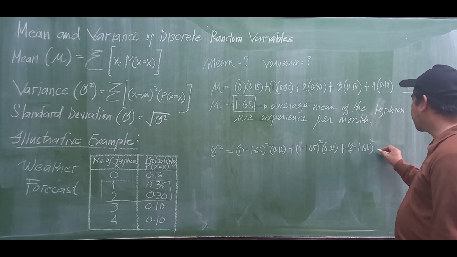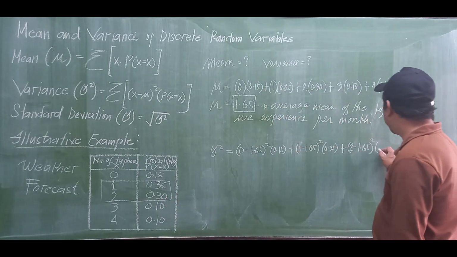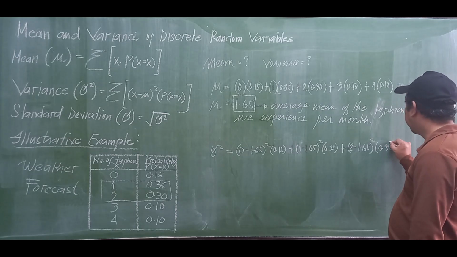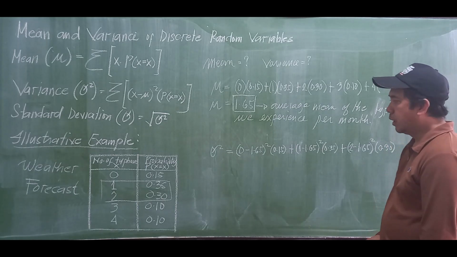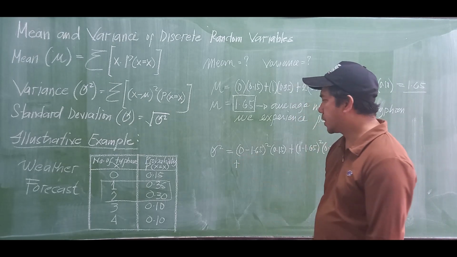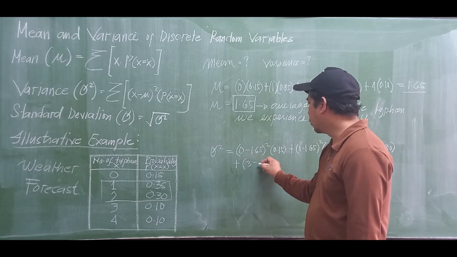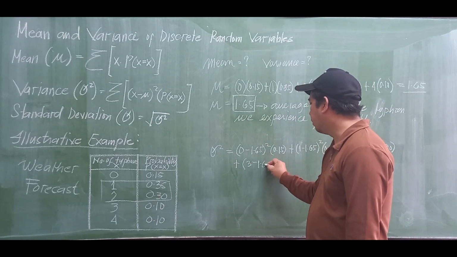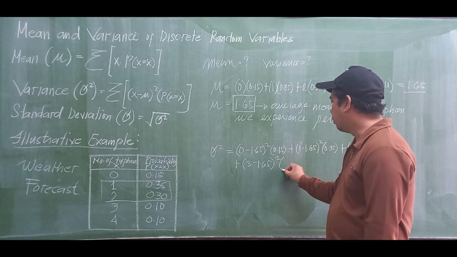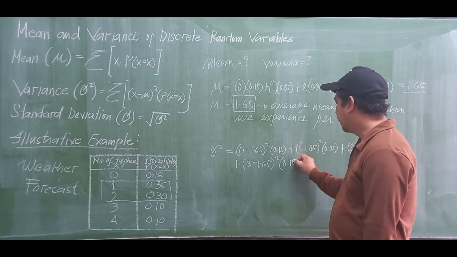And that is the same as multiplied by its corresponding probability, 0.30. And then plus another, we have 3 minus the computed mean, 1.65, raised to the second power multiplied by its corresponding probability, 0.10.